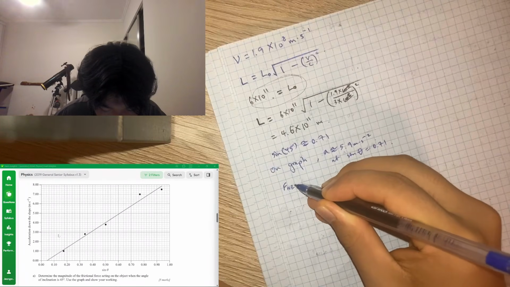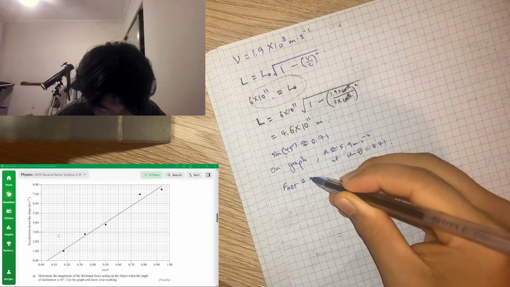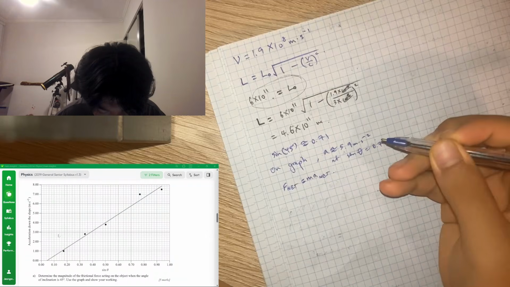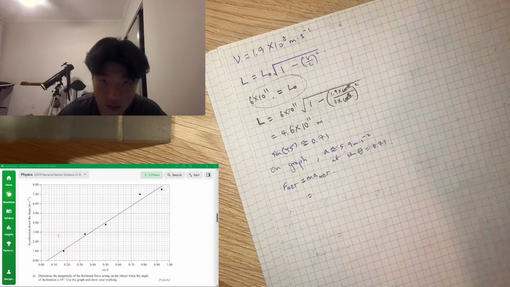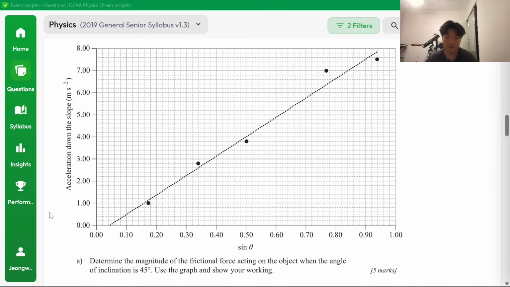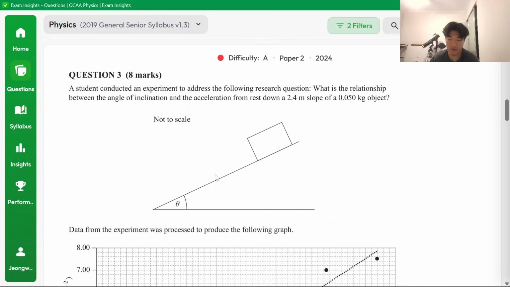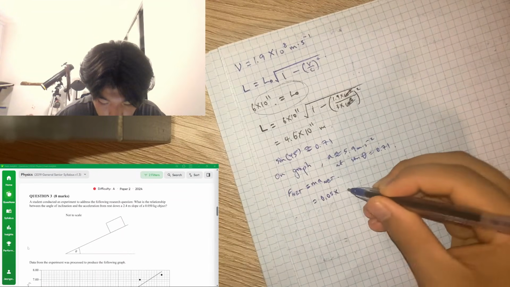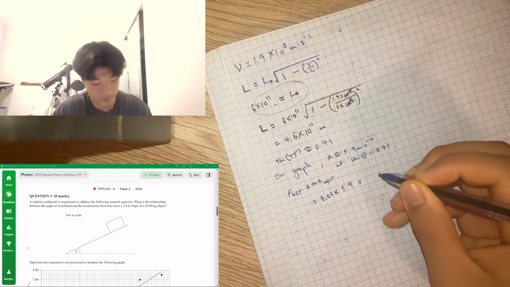F net equals, so the net force equals mass times the net acceleration. We are given in the question what the mass of the object is. It's 0.05. Multiply that by the acceleration we got, which is 5.9.